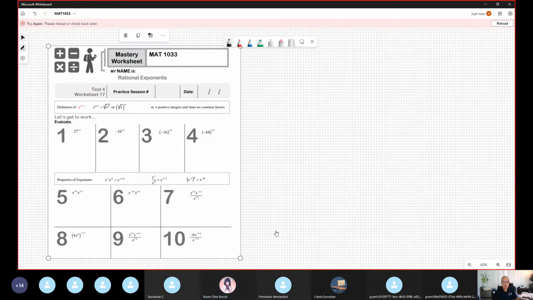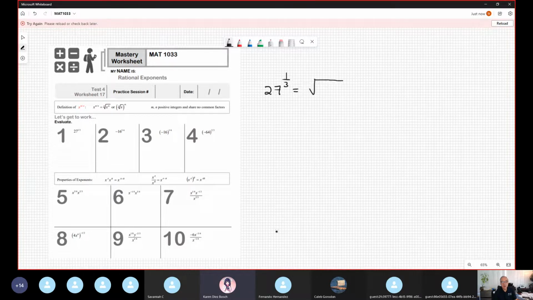Example, number 1, say 27 raised to the 1/3 exponent. I need to know if the fraction exponent is a radical. You convert immediately to a radical to understand more clearly, and the denominator of the fraction is the index of the radical.